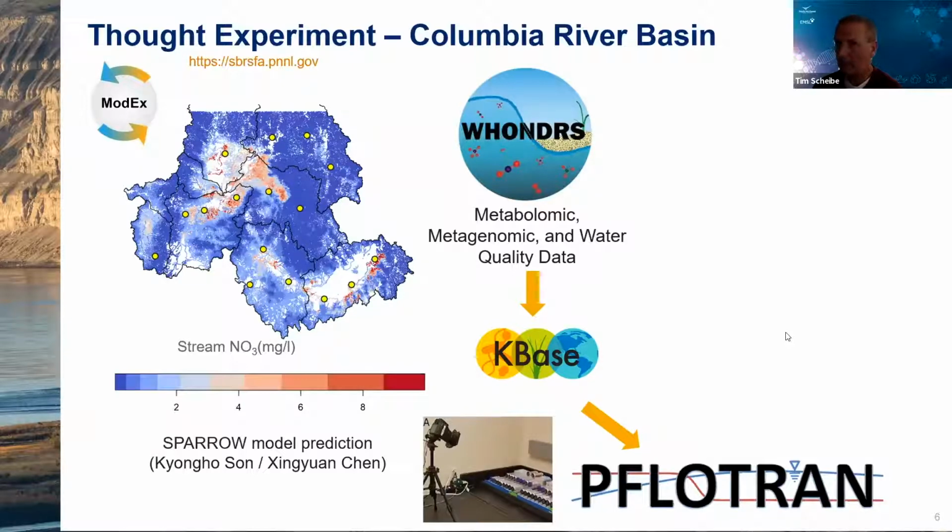Certainly there are more rigorous ways, and our colleague Xingyan Chen is an expert in Bayesian data assimilation tools using Bayesian methods. And so those would be a more formal approach to use data to update models and then use potential simulations of data to guide uncertainty quantification that then could be used to tell you where you might best collect your next set of samples. So formalization of those tools, there are avenues we could consider to do that.